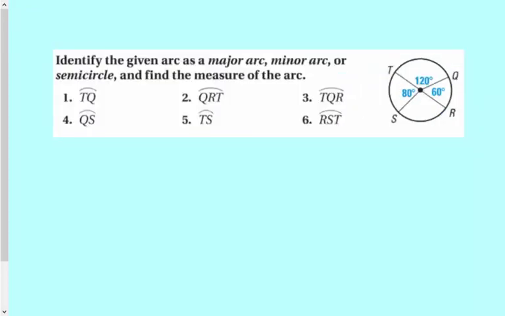Here's a couple more sample problems. Identify the given arc as a major arc, minor arc, or semicircle, then find the measure. So I'm just going to go through the first part. TQ, that would be minor. QRT, that would be a major. And you can basically tell by looking how many letters it has. Like QS and TS, those are both going to be minors.